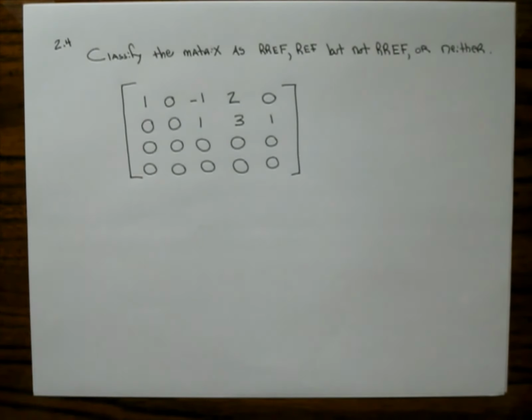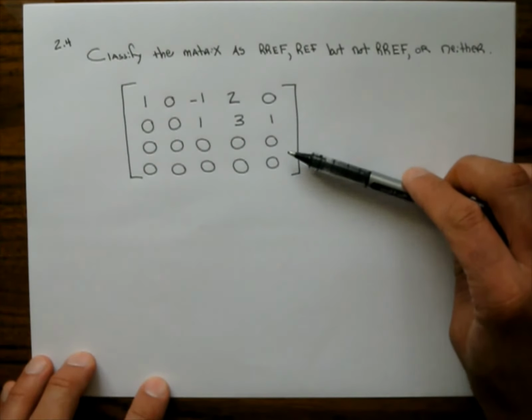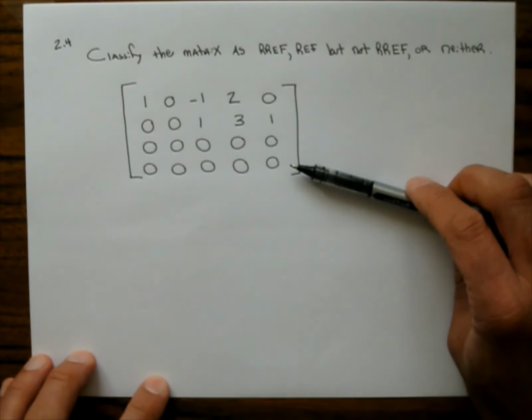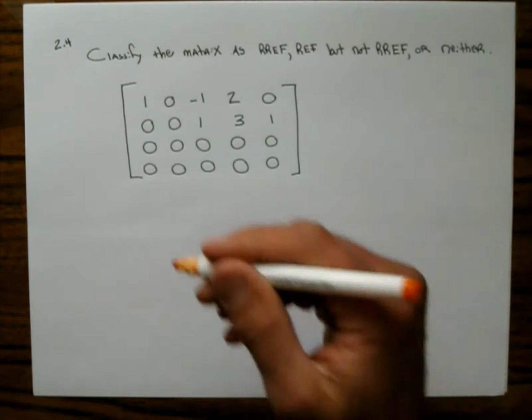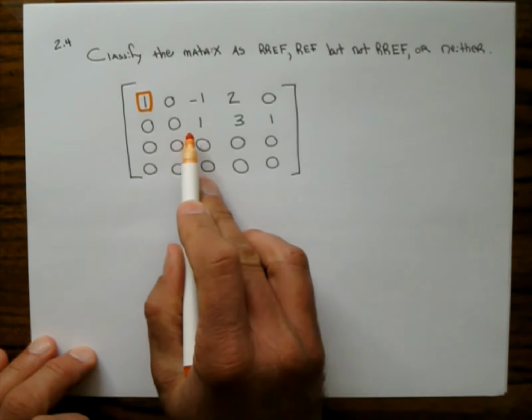So the 3 conditions for row echelon form: the first one is, if there are any rows of zeros, they should be at the bottom. Well, do we have that? Yes, right there. They're at the bottom. Second condition says the first non-zero entry of each non-zero row should be a 1. So there's a 1 there, and then the first non-zero entry here is a 1.